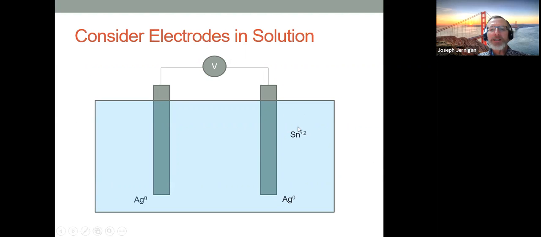Let's consider electrodes in solution now, okay? I have a little typo. That Sn2+ is not there. It shouldn't be there. But in any respect, what I wanted to show you here is that we have 2 silver metal electrodes in solution. Just in a solution of, say, maybe just water, or maybe it could have salt in it, right?